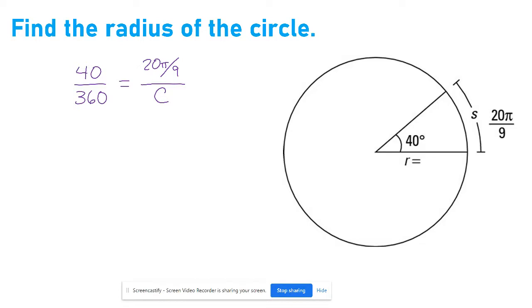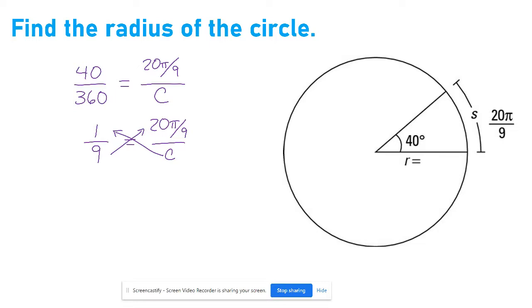So I'm going to simplify my fraction. 40 over 360 simplifies to 1/9. And we have 20 pi over 9 over the circumference. So now I'm going to cross multiply both ways here. And when you decide what you're cross multiplying where, the objective is to get your variable by itself on one side of the equation.